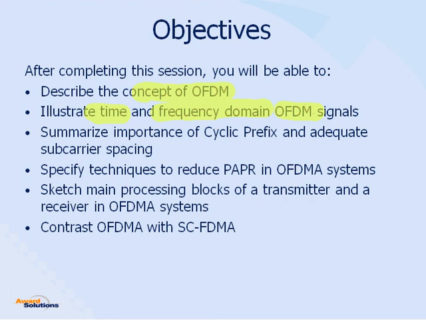OFDM signals face certain challenges from the radio environment. For example, multipath. To help us solve the multipath problem, OFDM systems utilize so-called cyclic prefix. When the users are moving around, the OFDM systems face another challenge, and that challenge basically is related to the Doppler shift.